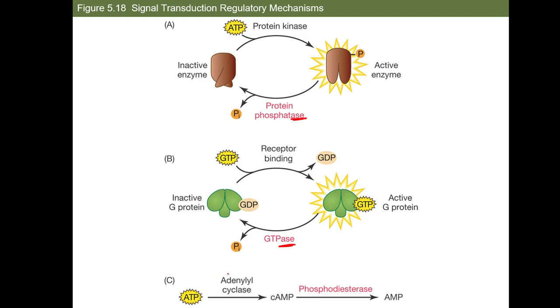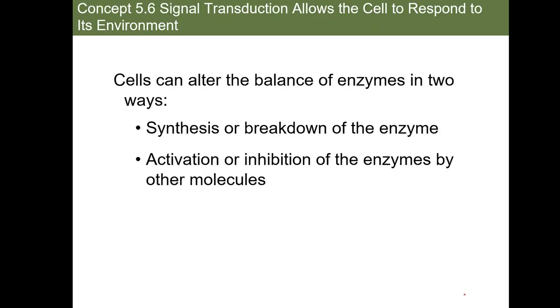And then adenyl cyclase turns ATP into cAMP, and then it gets turned into AMP via phosphodiesterase, which then can be added phosphate groups to make ATP again. Cells can alter the balance of enzymes in two ways: synthesis or breakdown of the enzyme, and activation or inhibition of the enzymes by other molecules.